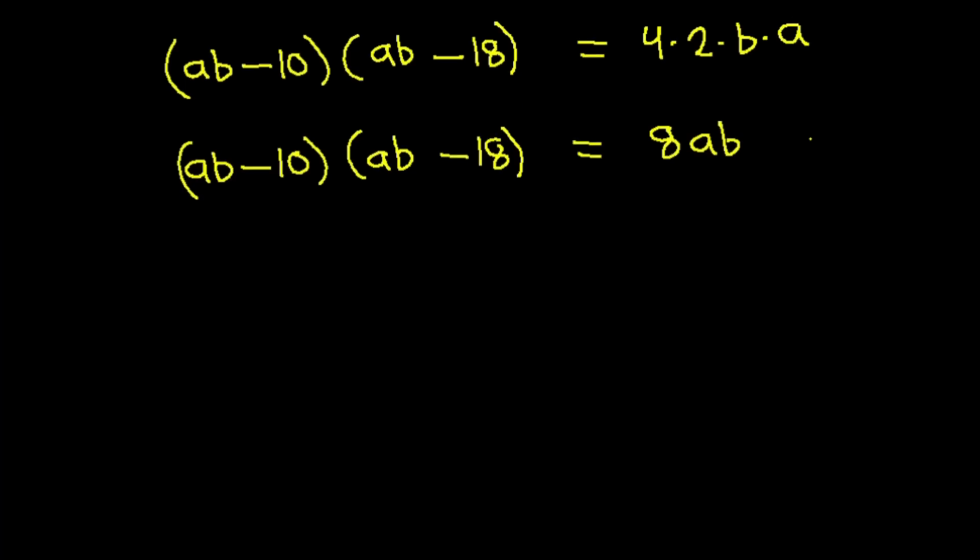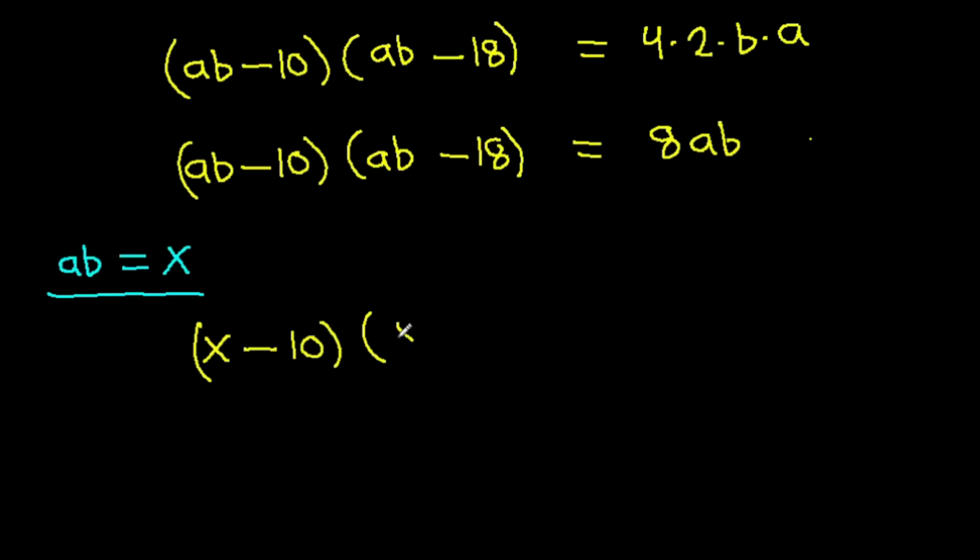And now suppose AB is X, then (X minus 10) times (X minus 18) is 8 times X.